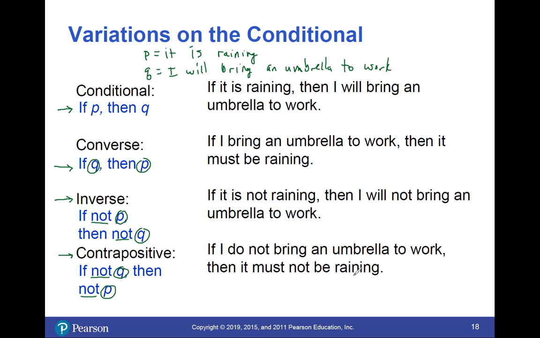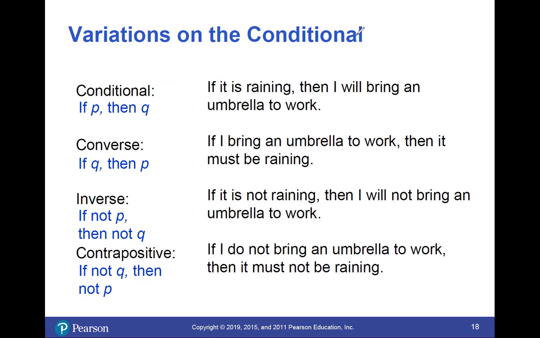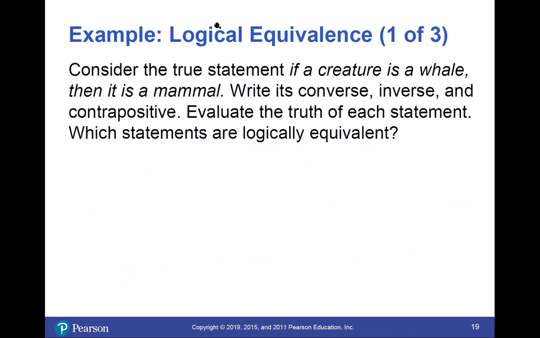So you need to be familiar with forming the converse, the inverse, and the contrapositive given a conditional statement. Now, let's look at an example of doing this. Here we have two different statements.